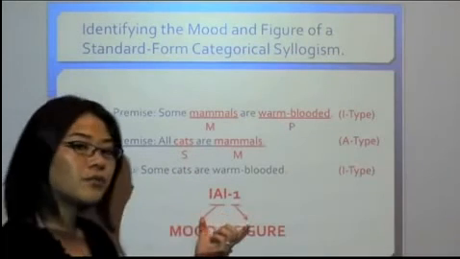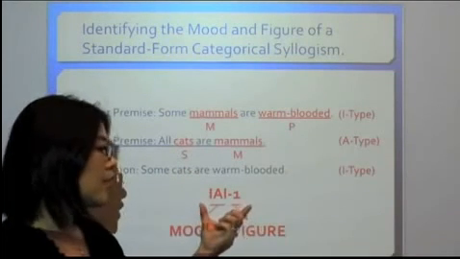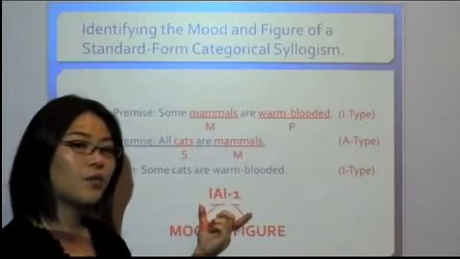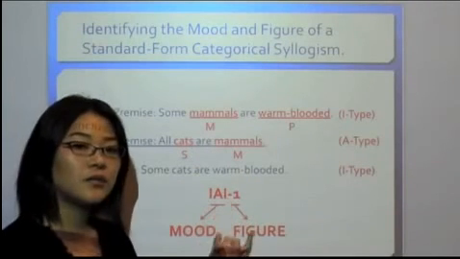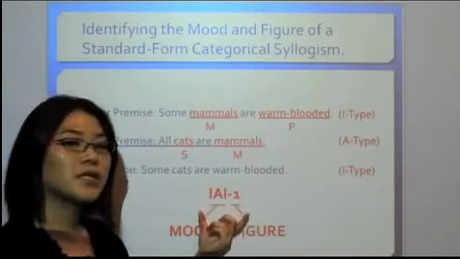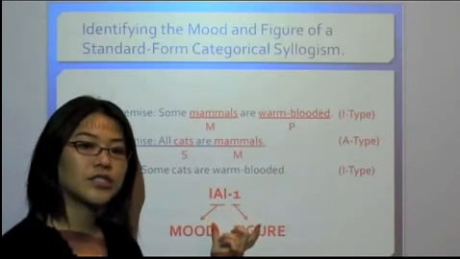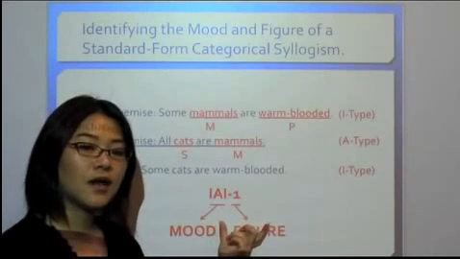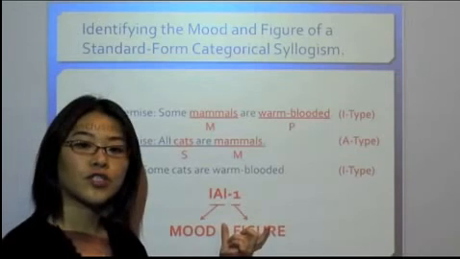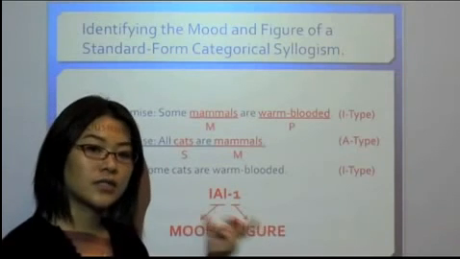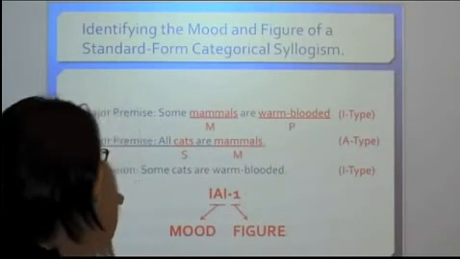And we're going to always write the mood and figure together like this, IAI-1 with a dash in between the mood and the figure. And this represents the type of categorical syllogism we have, okay? This basically tells us what the form or structure of this categorical syllogism is, okay?